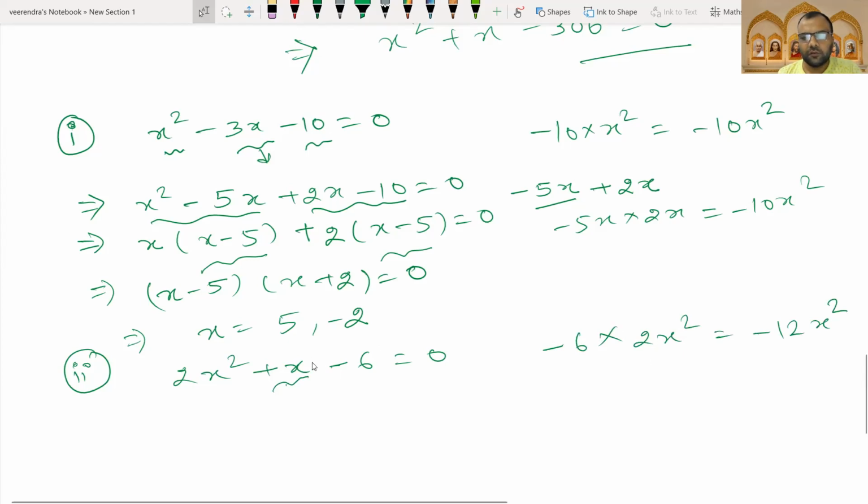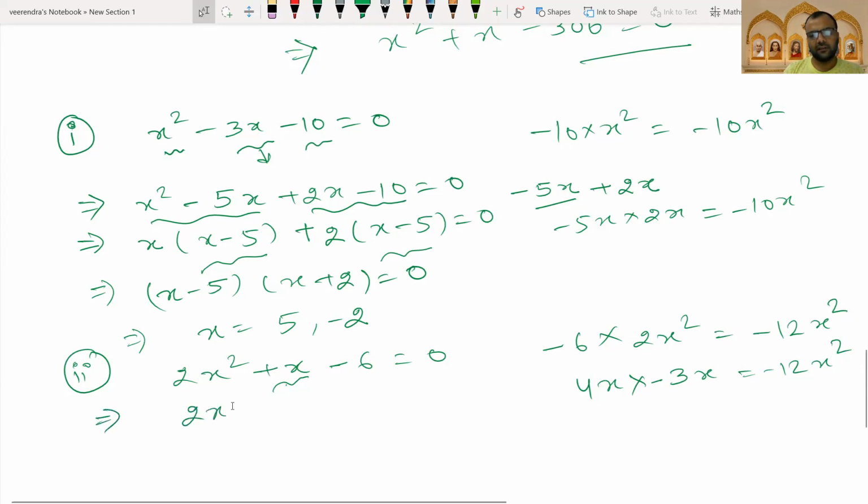So we have to split x such that the product of the two terms is minus 12x square and the sum is x. If I write it as 4x and minus 3x, then 4x minus 3x is x and the multiplication of these two terms is minus 12x square. So x can be written as 4x minus 3x.